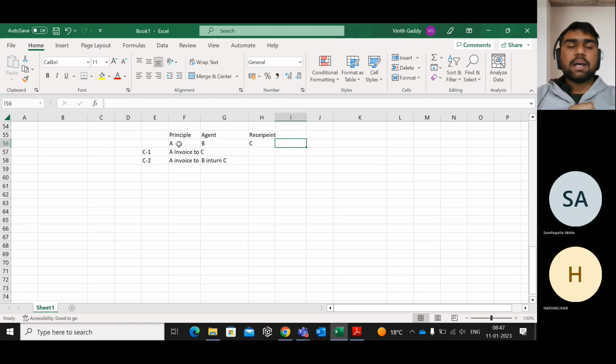Here the transaction is happening between A and B, that is without consideration. For transferring goods by A to B, A is giving an invoice to B, which means B in turn should give consideration to A, but there is no consideration here. Why? There is a principal-agent relationship and no consideration. So it is treated as supply.